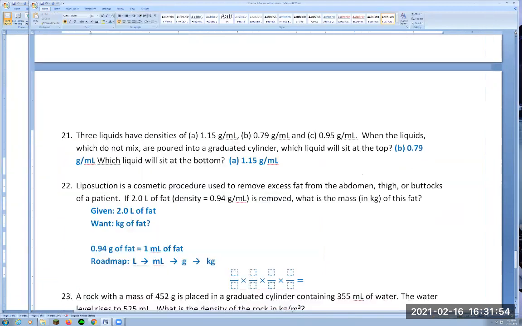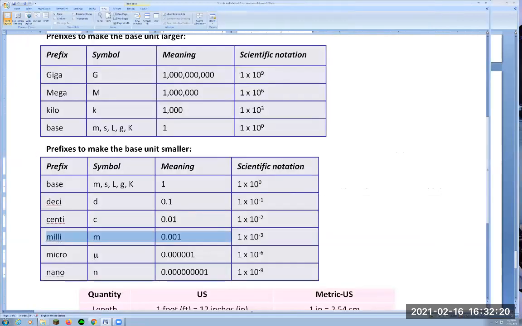So let's write this down. 1 milliliter. It's always 1 milliliter. So 1 goes to the prefixed unit. Here, the prefixed unit is the milliliter, and then the 0.001, and then you bring back the base unit of liters. That will change the liters of fat to milliliters. Then we use the density to change the milliliters to grams. And then we need to change the grams to kilograms.